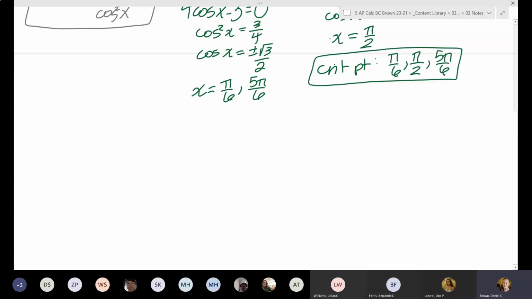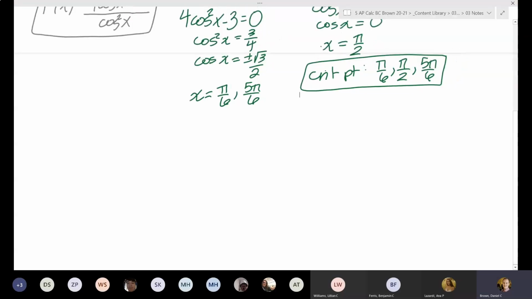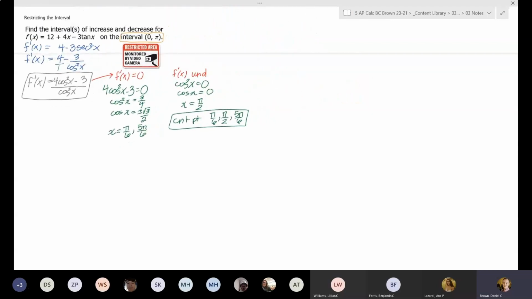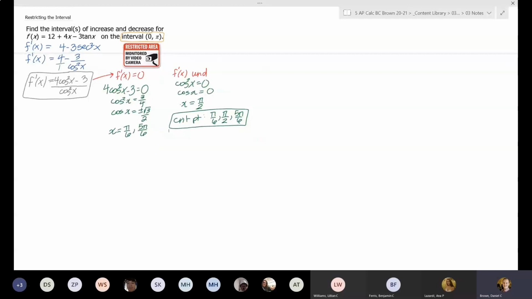So we found the critical points. Once we have the critical points, what can we do from there? We want to do the sign chart. So again, when I make the sign chart, it is a number line basically, and we want to find a sign chart for the first derivative.